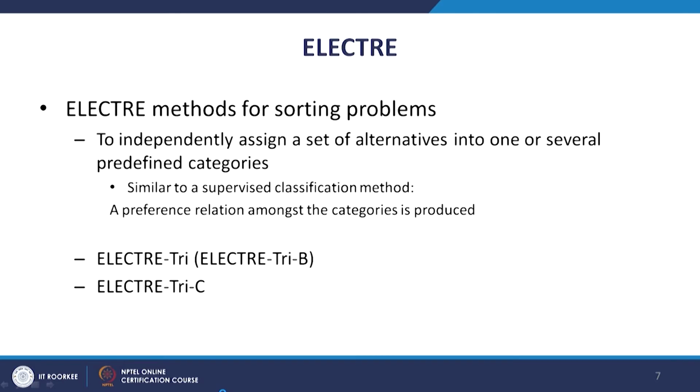Given a set of alternatives, we would like to assign each of them to a predefined set of categories. This seems very similar to what we do in supervised classification methods. If you want to understand what we mean by supervised classification, you can refer back to my course on business analytics and data mining modeling using R.